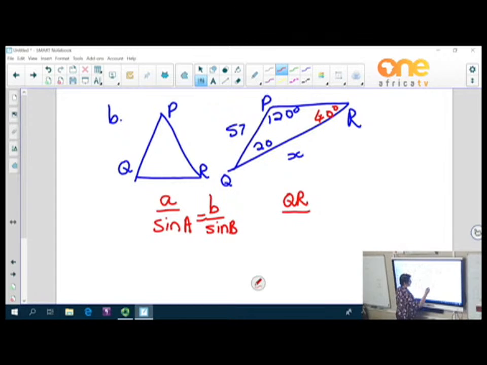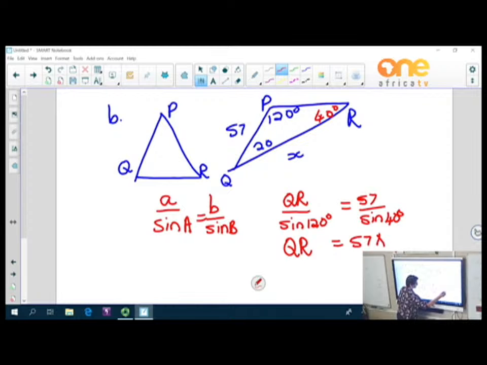So this is now QR over sine 120 degrees is equal to 57 over sine 40 degrees. And again, to get QR now, I will multiply on the right-hand side by sine 120 degrees, divide by sine 40 degrees.